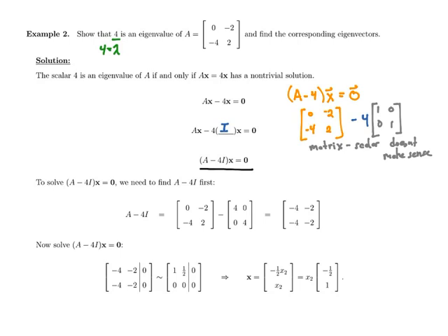So if you want to find solutions to Ax equals 4x, we are now going to write that as (A minus 4I)x equals 0, and this is what we're going to think about more often than not.